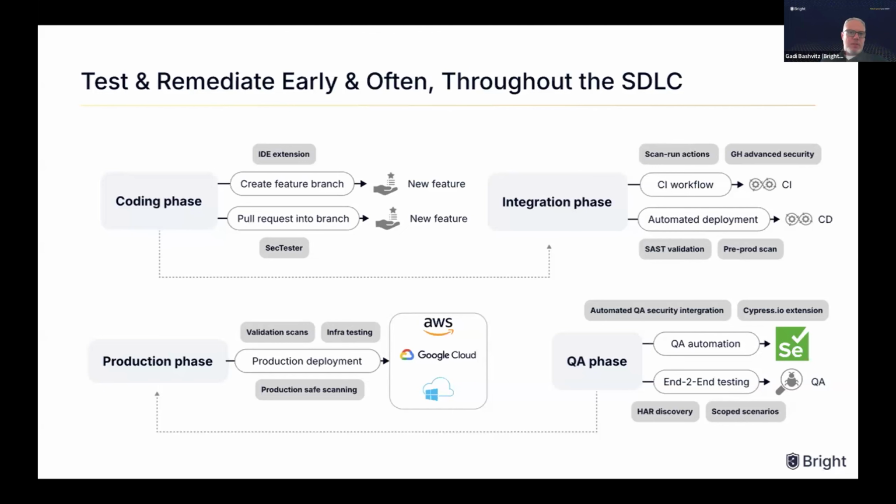For example, right here on the top left, you can see that we want the developers to have an integration into the IDE or into the unit testing phase and make sure that they can run scans in a seamless way at that point. Right?